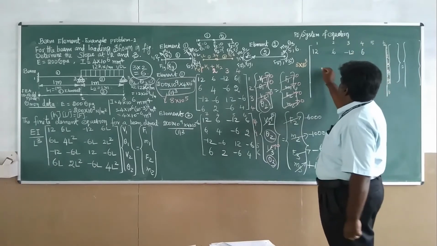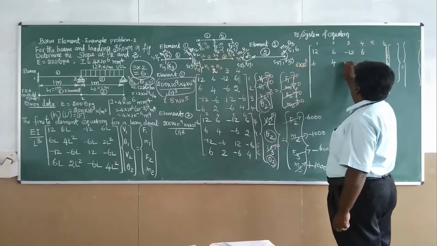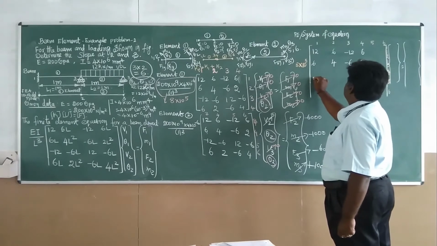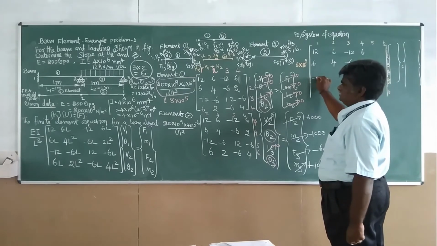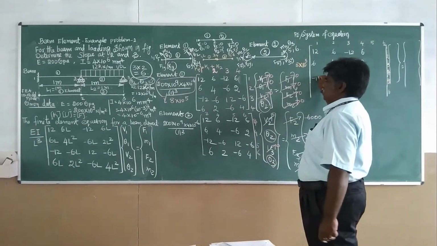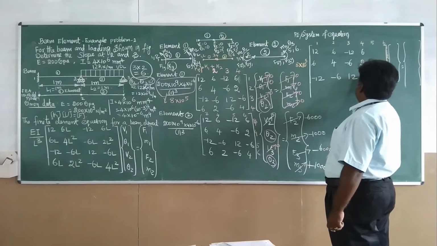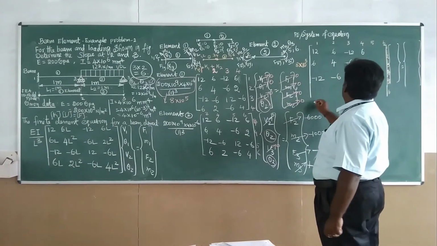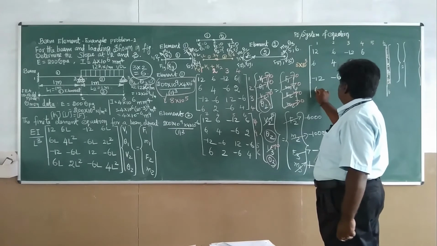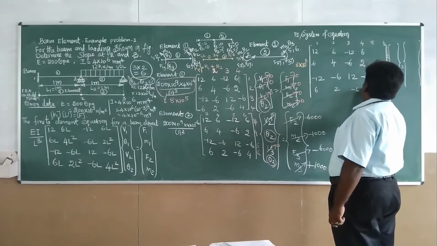6, 4, minus 6, 2, minus 12, minus 6, 12, minus 6, that is plus 6, 2, minus 6, 4.